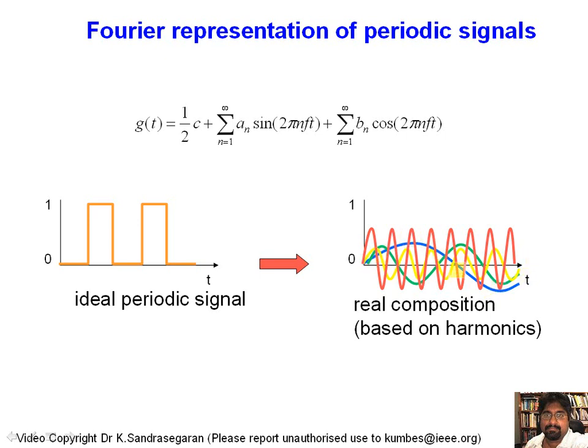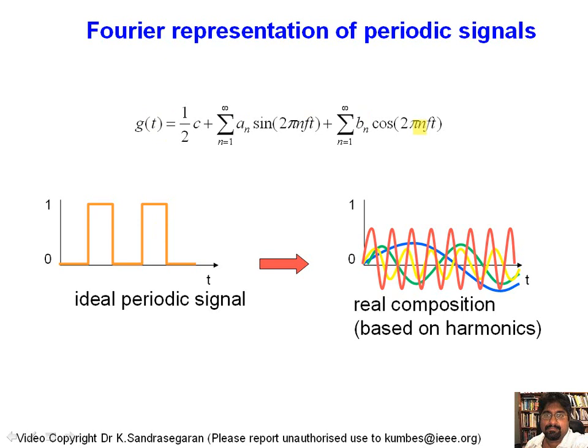The sine wave with the lowest frequency is called the fundamental component, and then there are other components. Each one of these, the red one, the yellow one, the green one, represents sine waves of different frequencies and different amplitudes. If you sum all of these up, you will get a periodic signal. The implication of this is that ideally, a periodic signal will have an infinite number of frequency components.